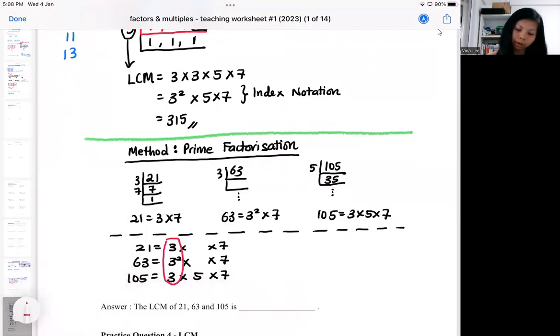In this family, this should be the higher index already. All these are index 1, so these are the higher index. If you punch calculator, you also get 315.